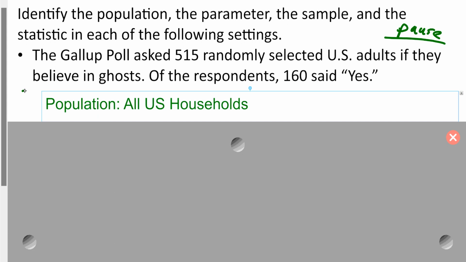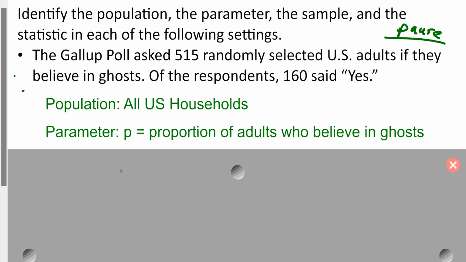So the population in this case would be all U.S. adults again. That's where it's coming from. And the parameter that we're looking for would be a proportion. It is a P, a proportion of adults who believe in ghosts. So that leads us to our sample. Our sample happens to be the ones that we actually surveyed.